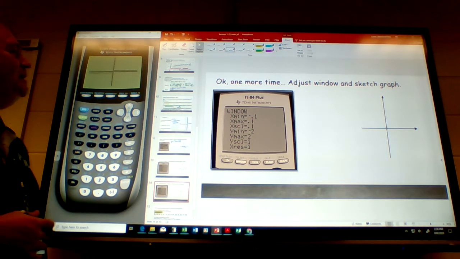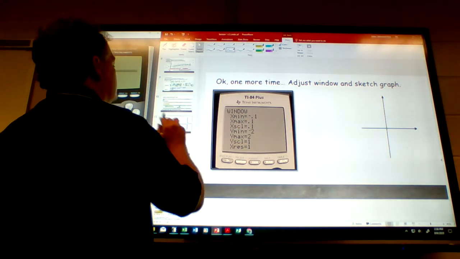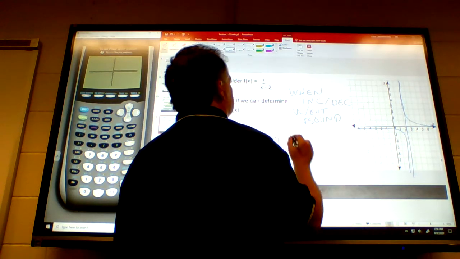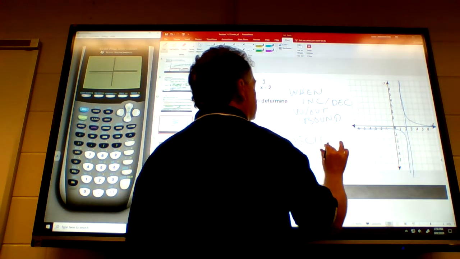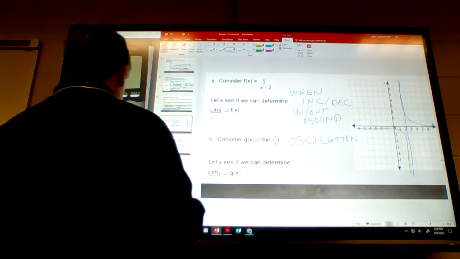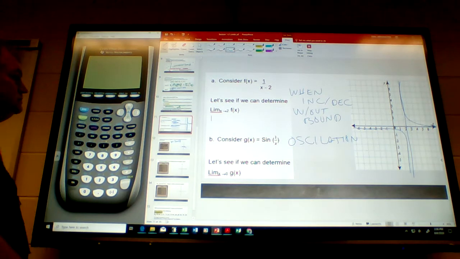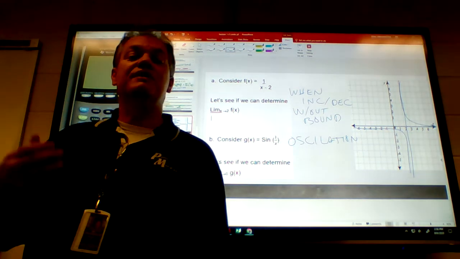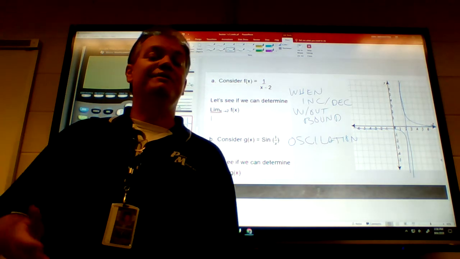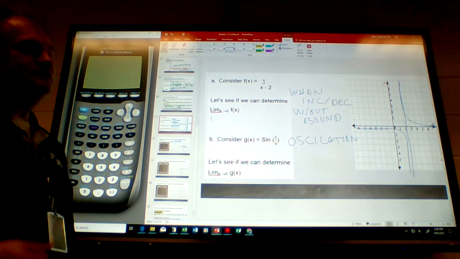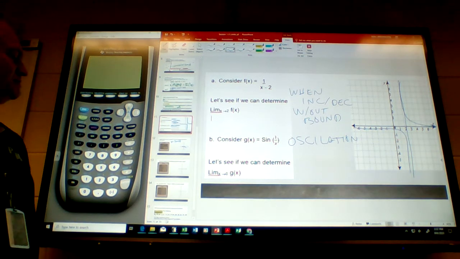But that's an example of an oscillation. All right. Okay. So those are some examples of what you can do on your own. Experiment with it, play with the calculator, get some experience with it on your own, because you'll need to see more of that as time goes on.